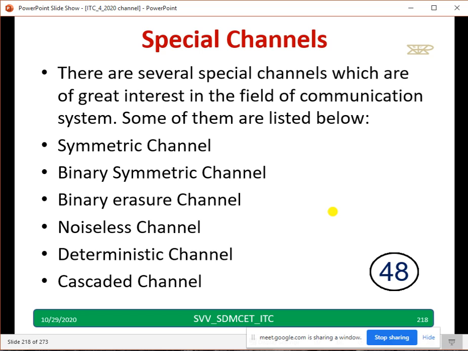If you observe, even VTU or others, you'll find: write a short note on the following. They may give some channel and ask you to write a short note, or even write a short note on the special channels. You can write 2-3 lines: what's the meaning of a noiseless channel, a binary erasure channel, something like that.